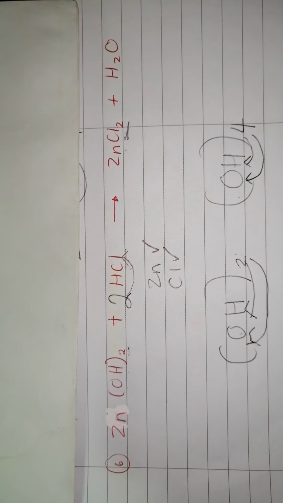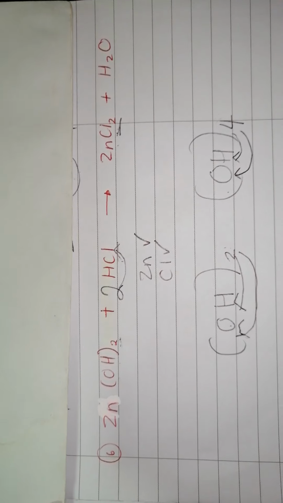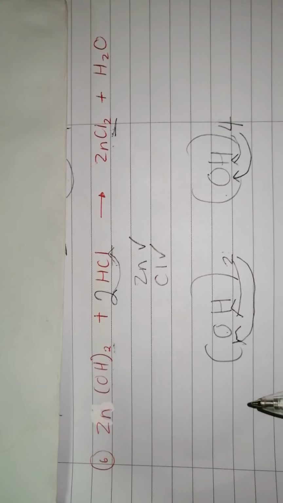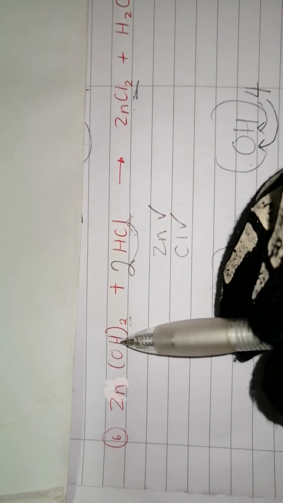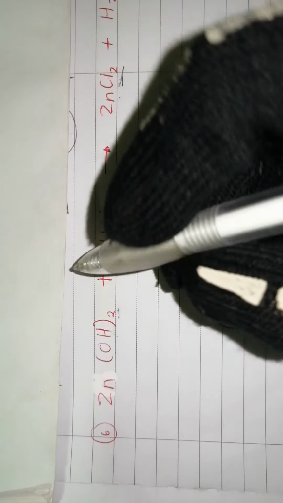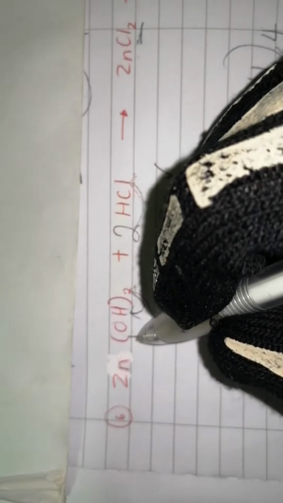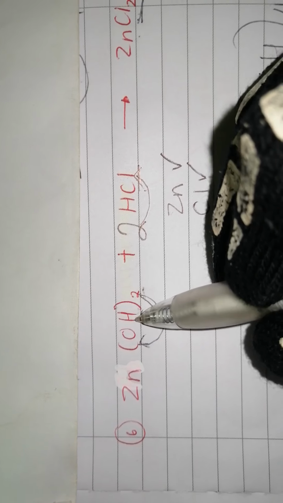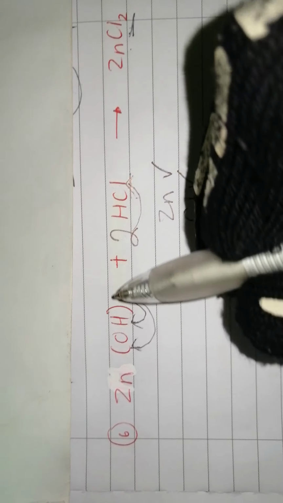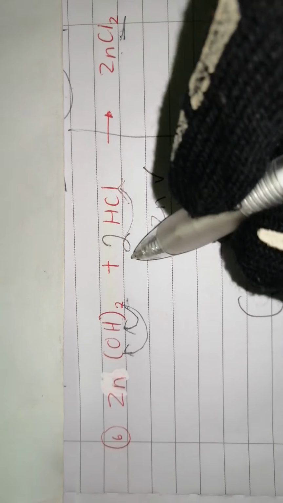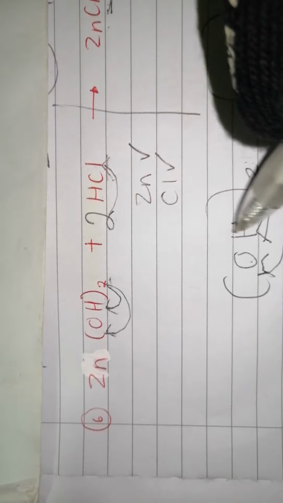Now we can move on to hydrogen and oxygen. Let's start with hydrogen first. Now can you see here we have hydrogen in the OH, and remember I told you this 2 applies to the hydrogen and it applies to the oxygen. So this 2 means I have 2 hydrogens here. But now on this side, which is the reactant side, I also have 2 from HCl.